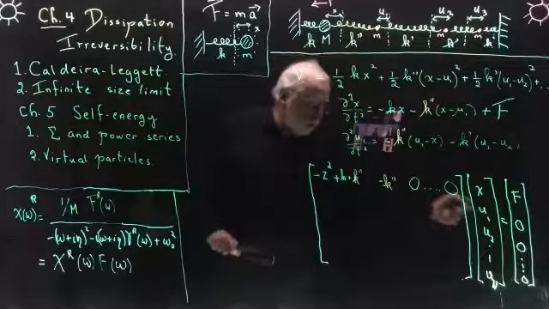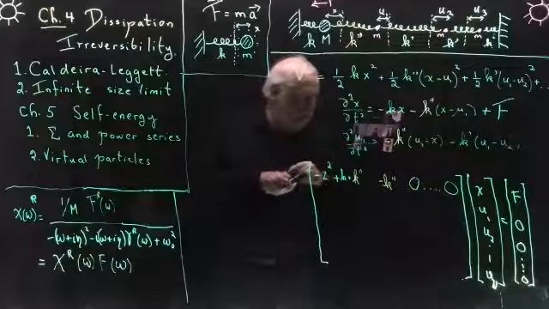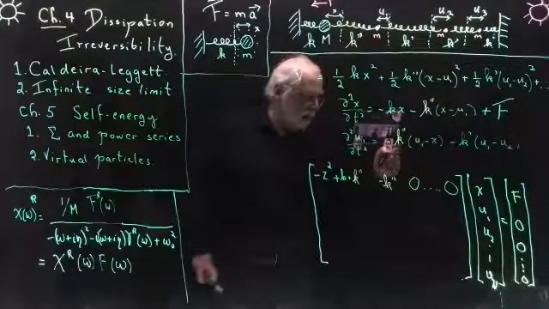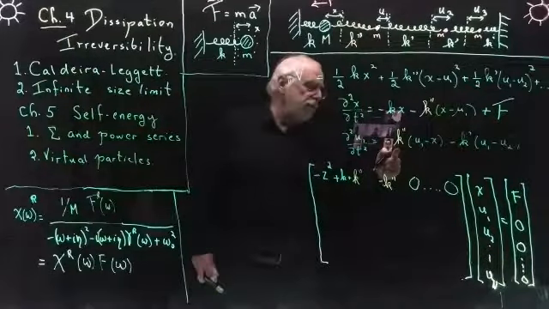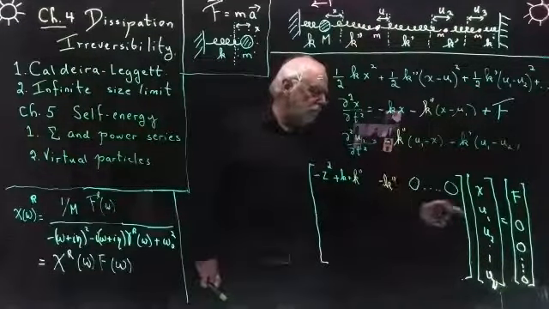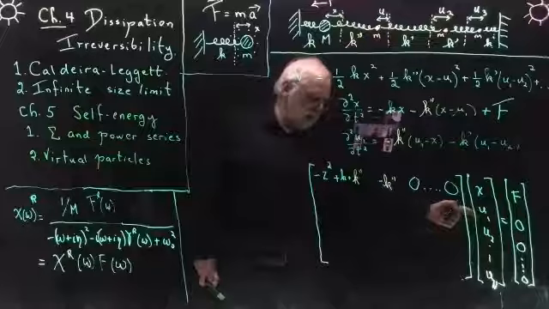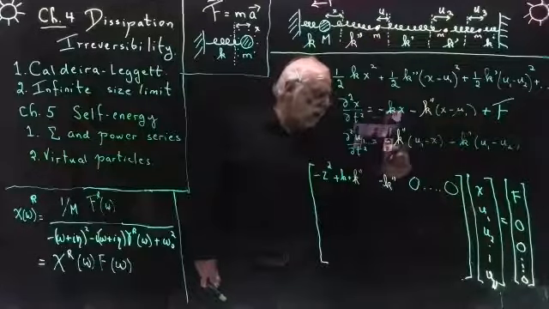Now if I look at u1, I have k double prime in the diagonal piece.